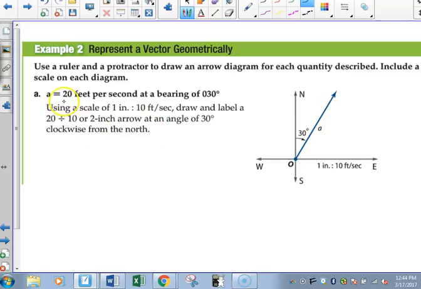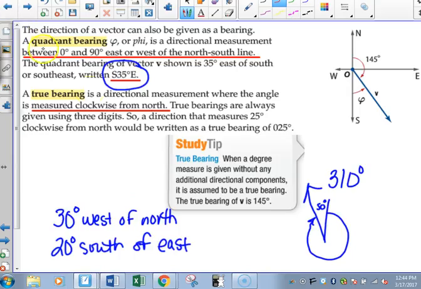It's going to say draw 20 feet per second in a bearing of 030. So you're going to go like this. And then you're going to say a bearing of 030 is off of north. When they use that, I don't think I talked about that. Did I read that carefully to you? It says they use 3 digits. Whenever you see 3 digits starting with a 0, it does mean off of north, okay?